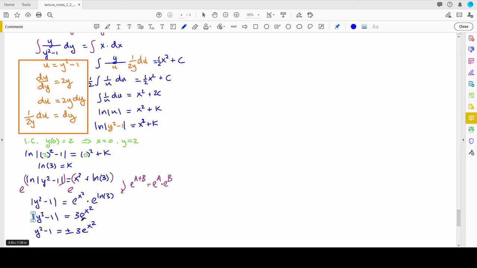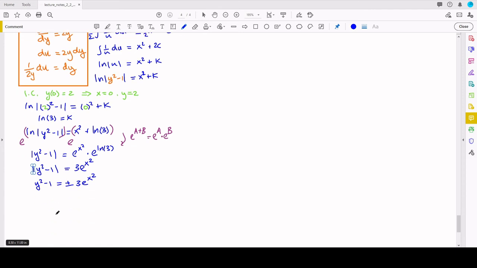So I know this has to be the positive value. So I actually get that y squared minus 1 is equal to 3 times e to the power x squared. That's because this value plugged in here gives us positive 3, so it cannot be a negative. E to the power x squared is always going to be positive.